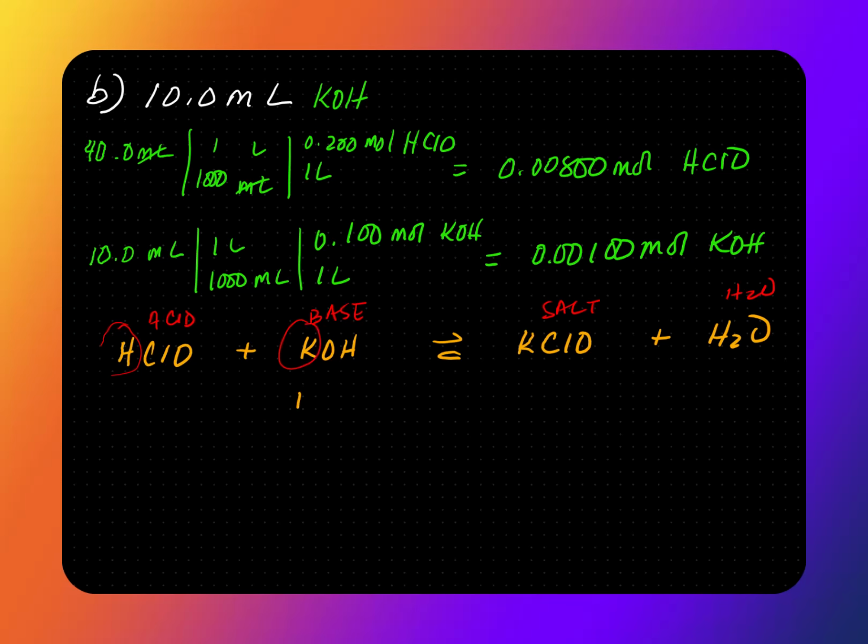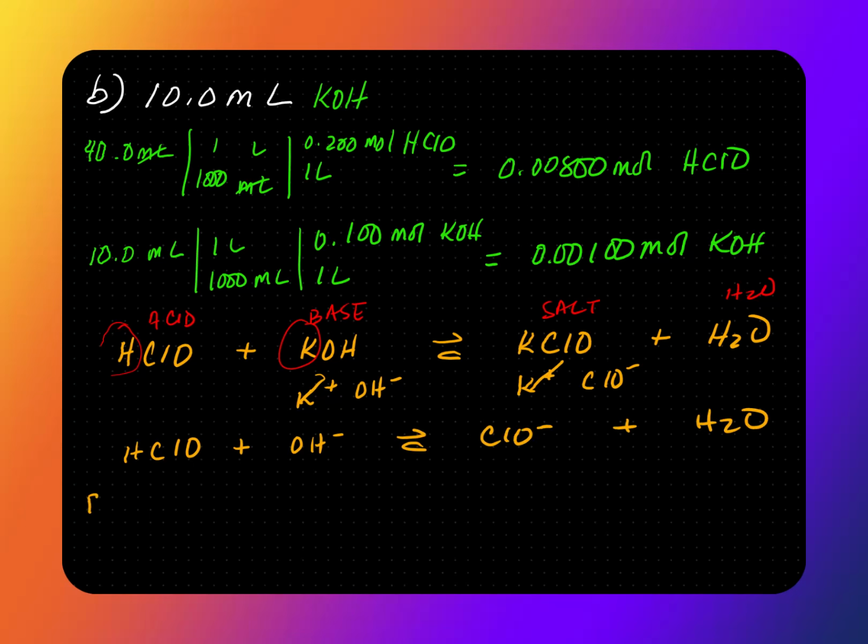KOH is a strong base, so that's going to be K plus and OH minus. And potassium is usually soluble, so that's K plus and ClO minus. The K's cancel out, so the equation is actually HClO plus OH minus yields ClO minus plus H2O.